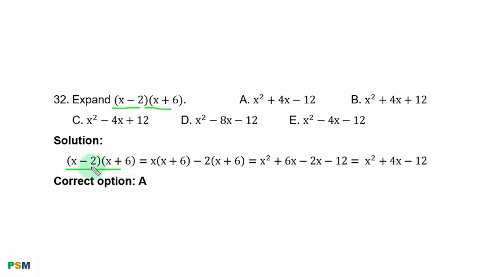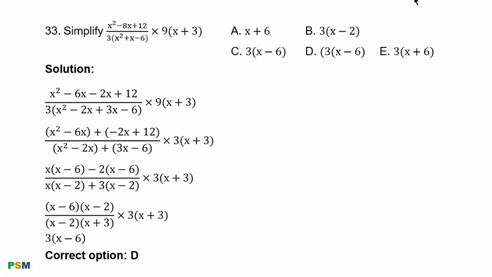I'm using the first bracket to multiply the second bracket. That is the first term s times second bracket, minus 2, the second term times second bracket. You have this result and this result. The correct option is A.